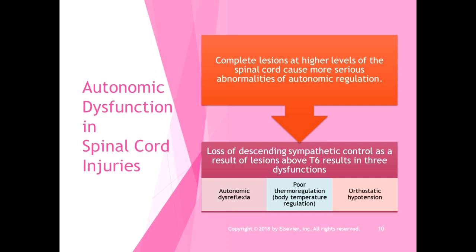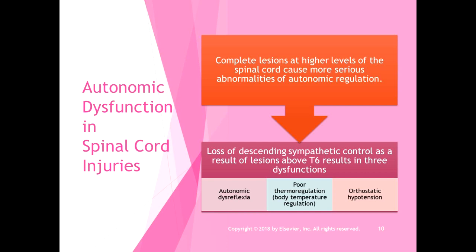Autonomic dysreflexia is excess sympathetic activity elicited by a noxious stimulus below the lesion. For example, an overstretched bladder can precipitate increased blood pressure, profuse sweating above the level of the lesion, and emptying of the bladder. If the person has a Foley catheter in place and the line to the Foley is kinked, it can cause this.